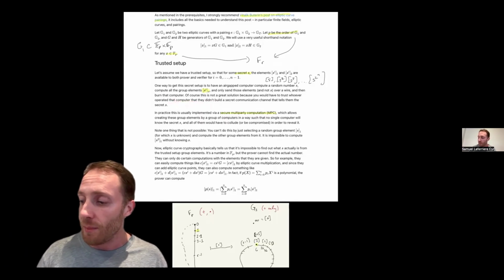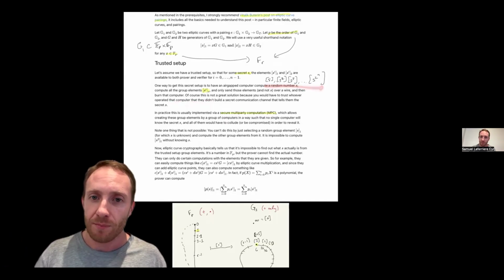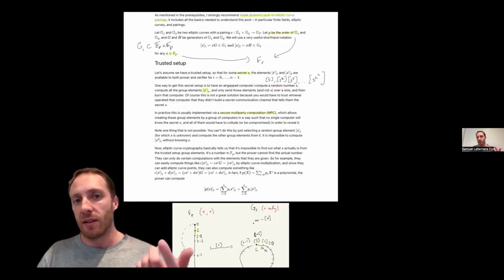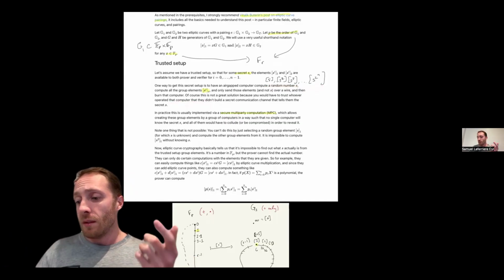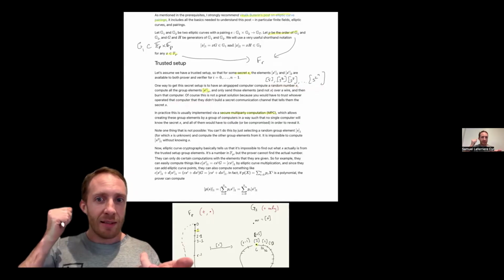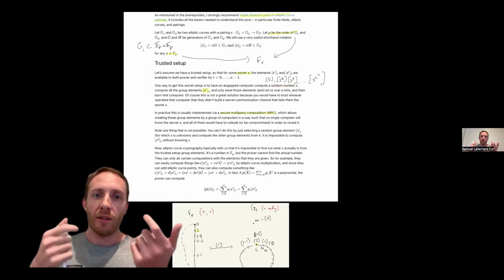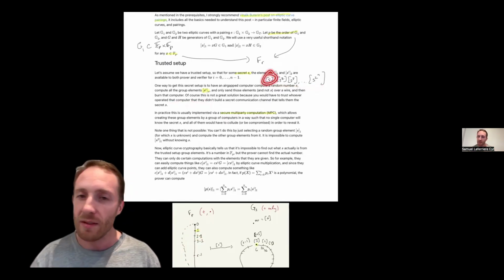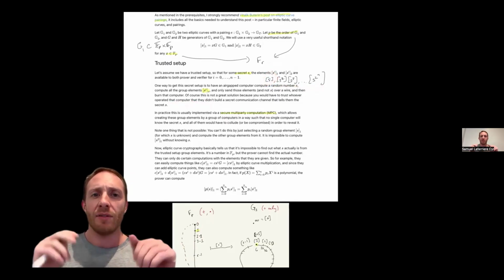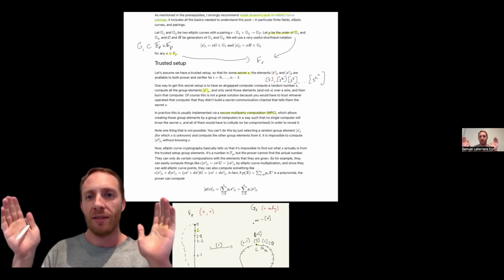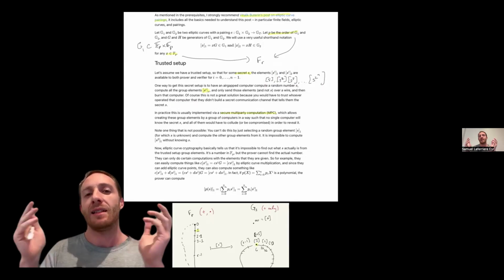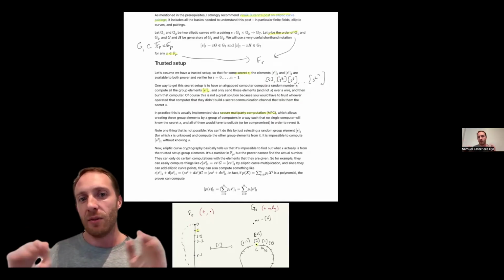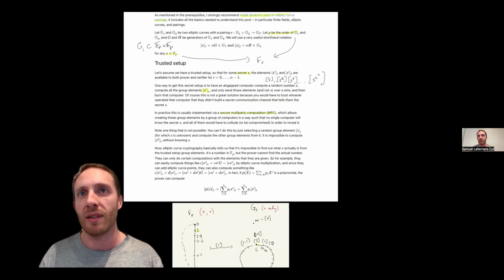The important part is that once we have all of these SRS points in the group, even though I give you all of this, because the discrete log problem is hard in an elliptic curve, you're not able to get back S. There's also a stronger Diffie-Hellman property: even though I give you all of these powers of S, it's still not enough information to reconstruct S. So S has to remain secret at all times. That's the most important thing.